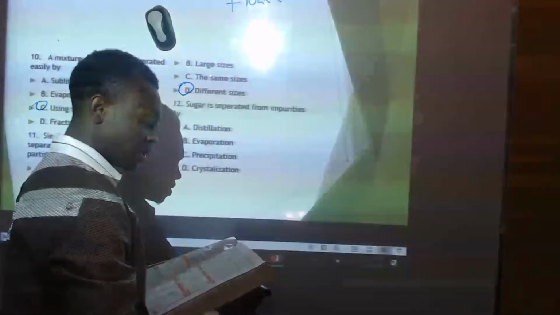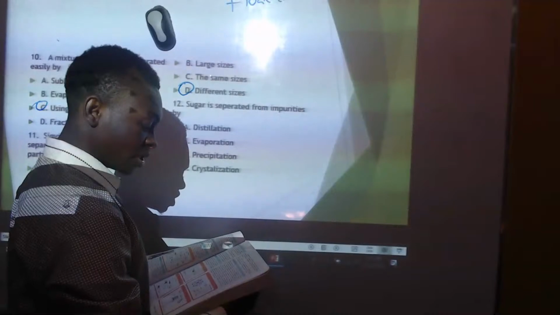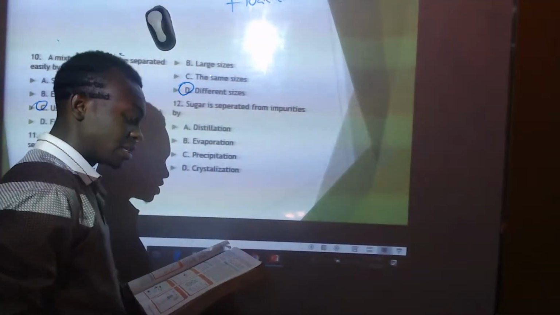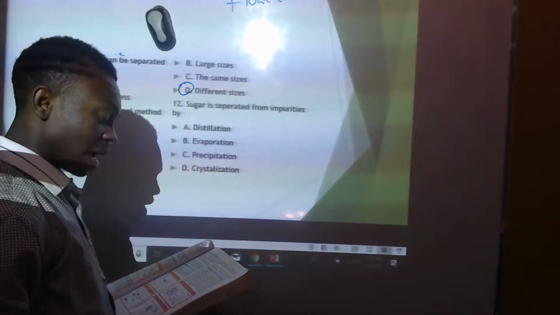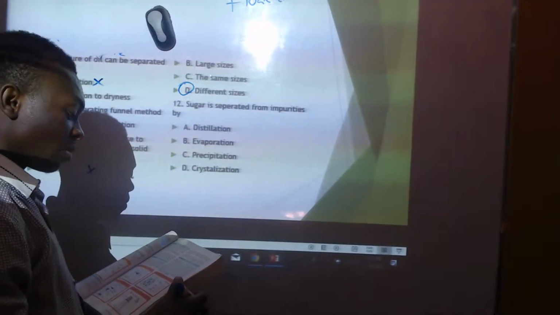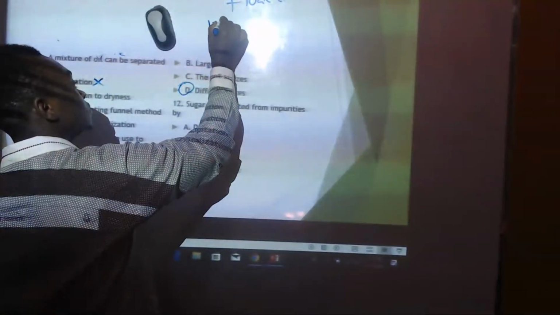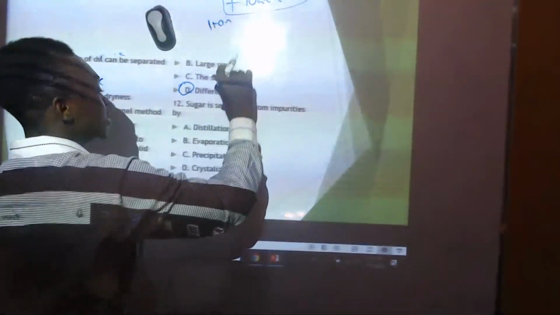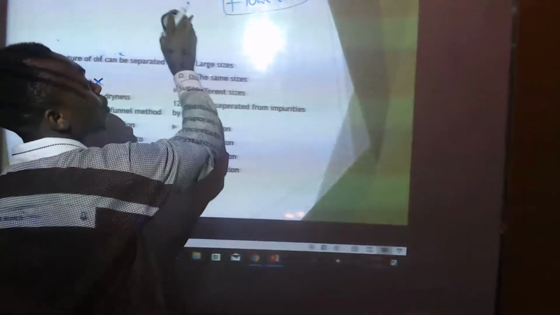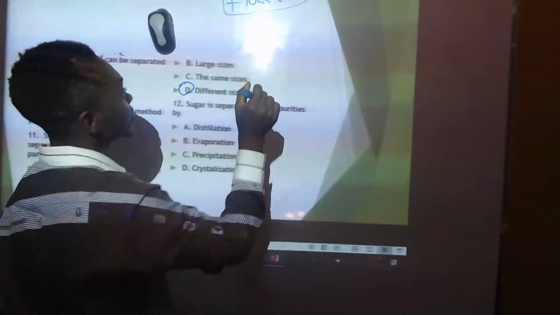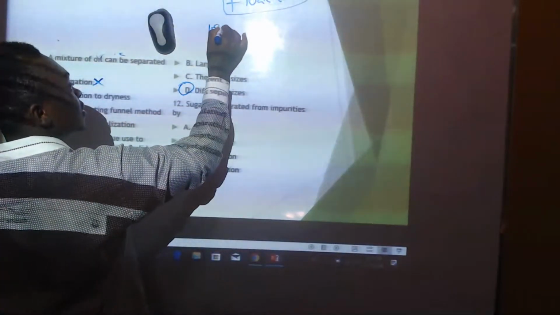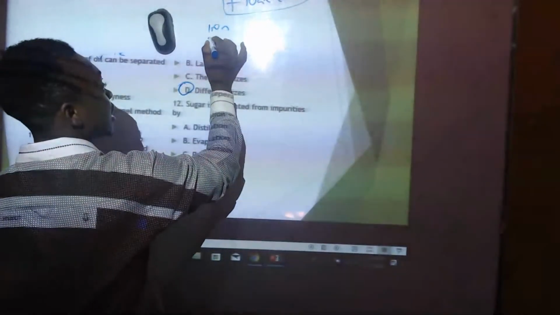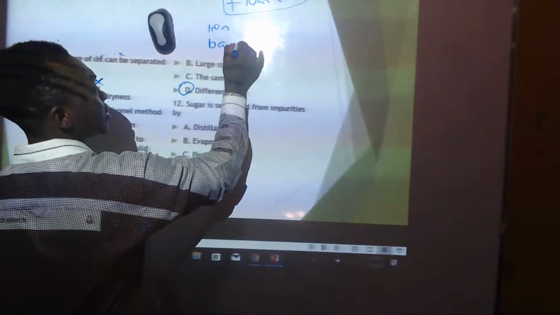Flotation. Many metallic ores are found in nature in low concentration. These are usually sulfides mixed with earthly materials before the metal is in ore form, like an iron ore. So flotation here has to do with lowering or increasing the concentration of the impurity. An example is iron. Iron has many impurities, so you have to separate the impurities to form an ore, which is bauxite.